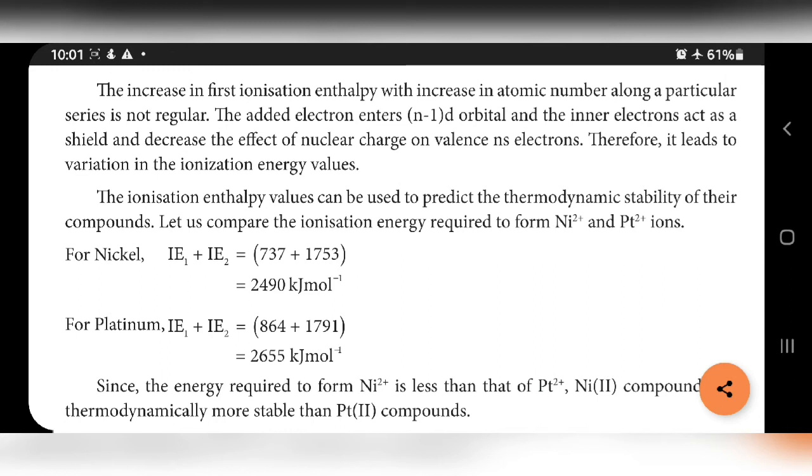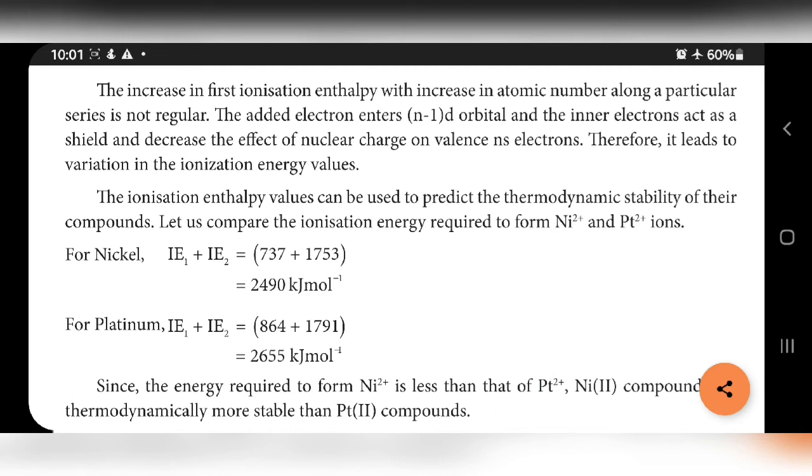From that graph we can understand. The added electron: from scandium to titanium, scandium has atomic number 21, so it contains 21 electrons; titanium has atomic number 22, so it contains one electron extra, that is 22 electrons.